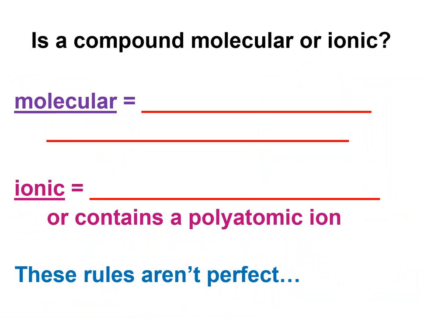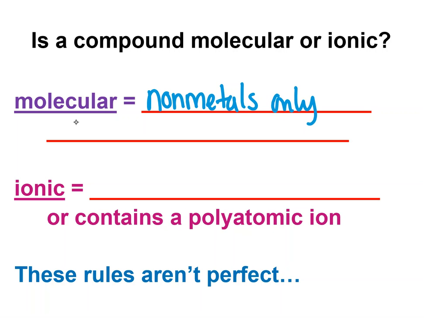When naming and writing formulas, we need to know which type of compound we're dealing with because the rules for naming and writing formulas are different for molecular versus ionic compounds. So that's the first thing to know: how do we know which one we have? Well, molecular compounds are made up of non-metals only. So the non-metal elements that are in the upper right on the periodic table, those are what make up molecular compounds only.